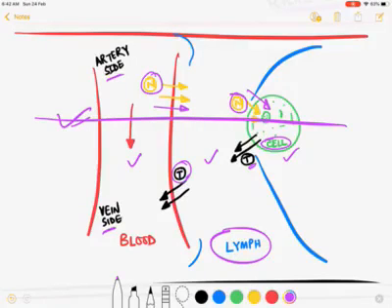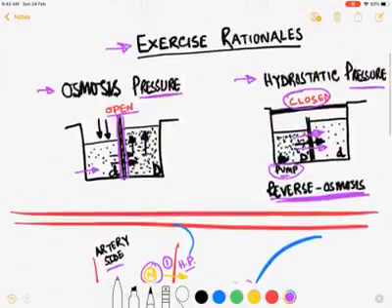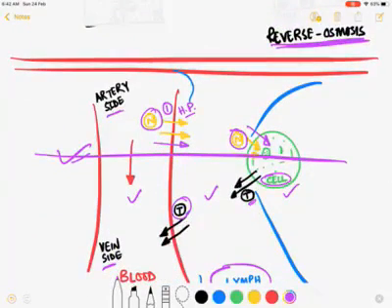Now the first nutrient transfer, from the blood to the lymph, is through the hydrostatic pressure which we have explained, because the blood side is the denser area and this is the less dense area. The hydrostatic pressure works with the help of the heart as a pump.